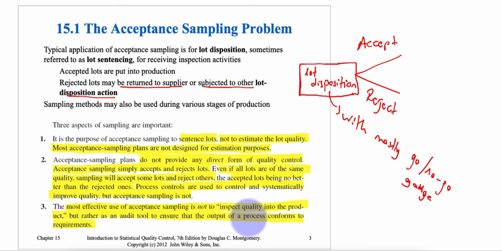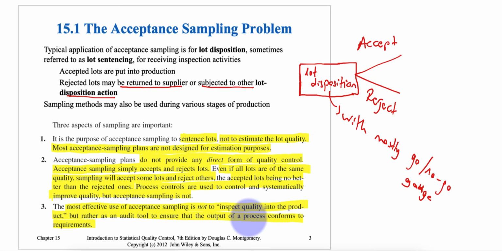Accepted lots are put into production, and rejected lots may be returned to the supplier or returned to the previous processes if you are talking about in-house, in plant, in factory application of the acceptance sampling. And we can also take some lot disposition action like rectifying action, and we can make some corrective action, then we can correct the lot, and we can accept that previously rejected lot. Maybe we are going to see these actions in next slides.